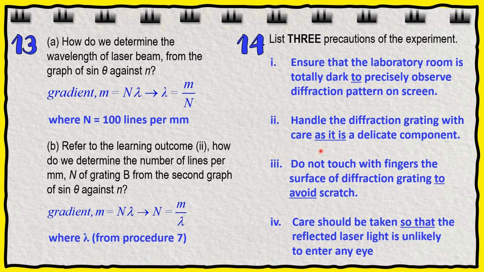Precaution number 2, handle the diffraction grating with care as it is a delicate component. Precaution 3, do not touch the surface of the diffraction grating with fingers to avoid scratches. And lastly, care should be taken so that the reflected laser light does not enter any eyes.